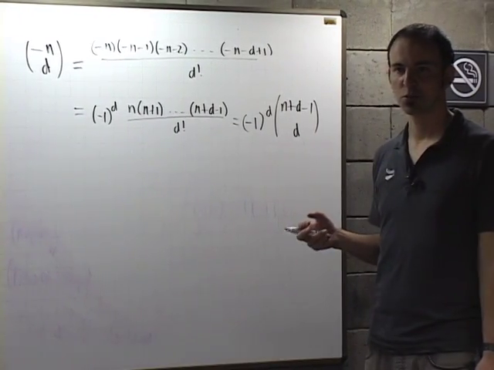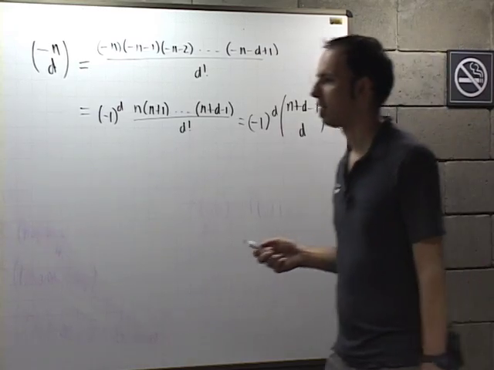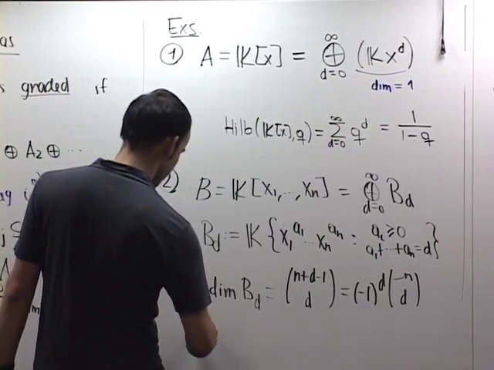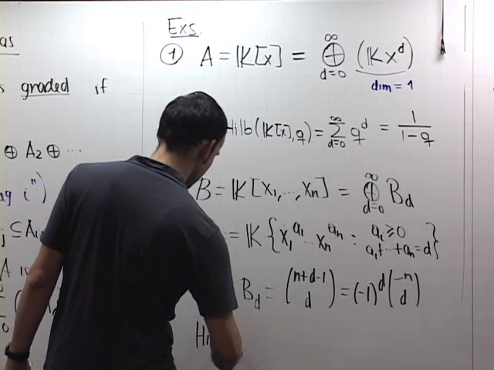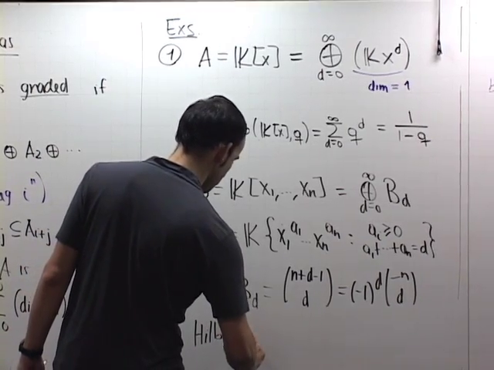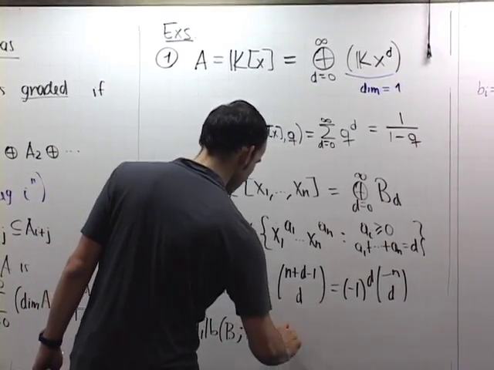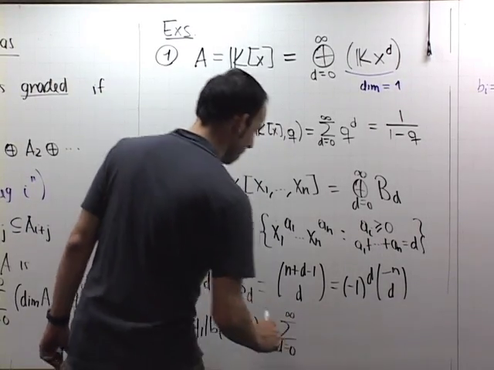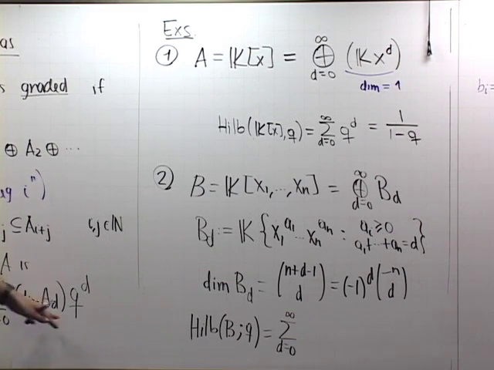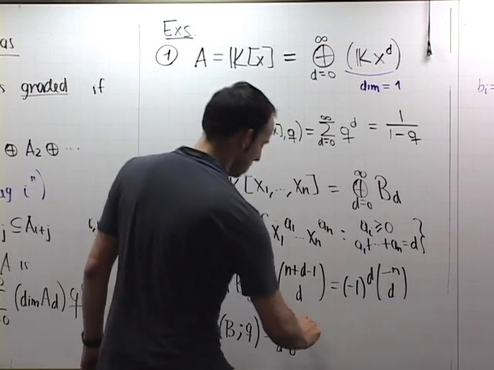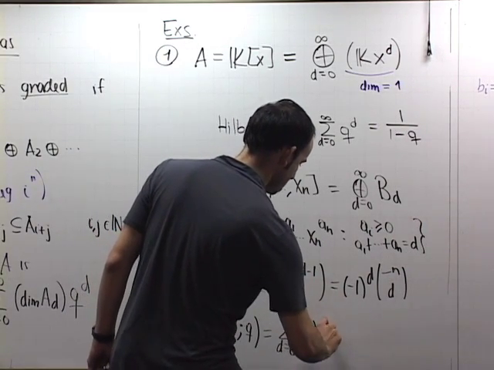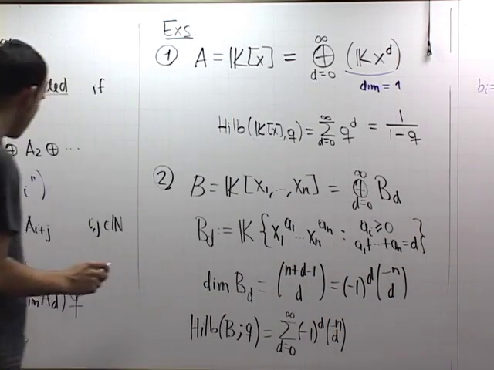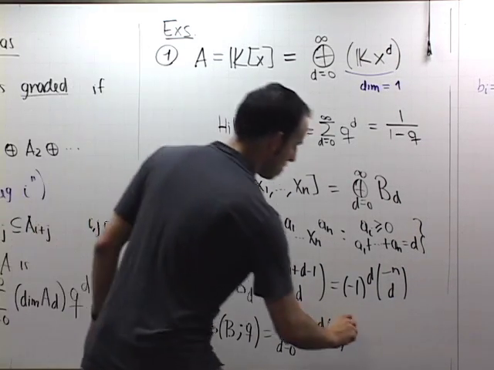I'm not doing anything too radical here. But now let's take the Hilbert series of this thing, and you will understand why I'm doing this. I get the sum from d equals 0 to infinity of the dimension of the dth piece. So I get minus 1 to the d times minus n choose d, and then times q to the d.